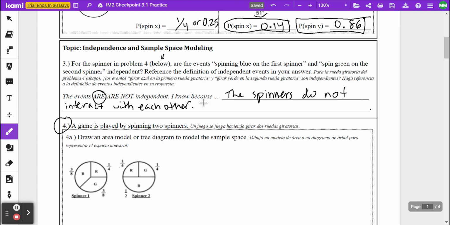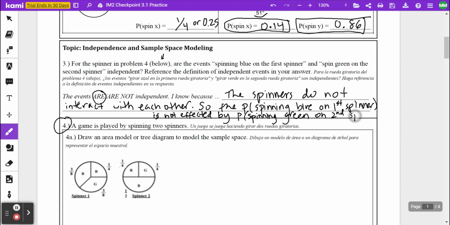So the probability of spinning blue on the first spinner is not affected by the probability of spinning green on the second spinner, or vice versa.